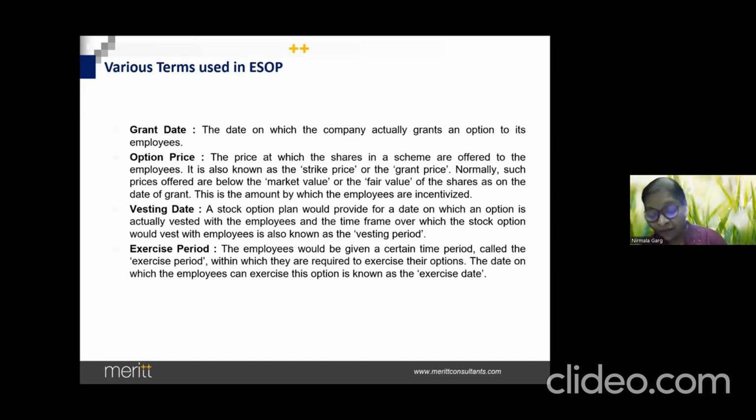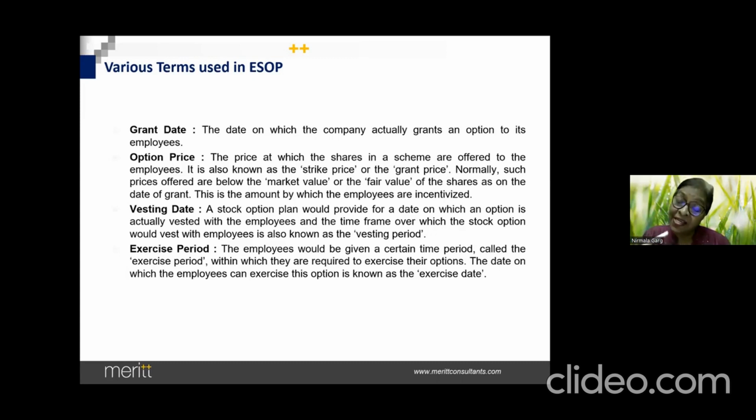You can buy 500 shares or 1,000 shares at this particular rate, which is definitely, at that point in time, maybe lesser than what is quoted in the market. And it also says that you can exercise this option after 3 years. That means this is just a piece of letter. You can't do anything about it right now. You can exercise this option only after 3 years.